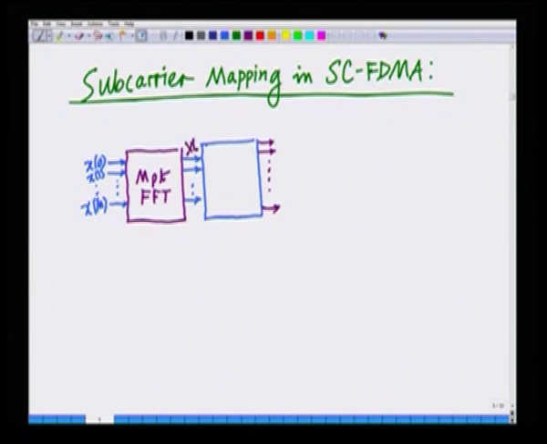So, here I will have x0 up to xm, which I am mapping to N subcarriers.